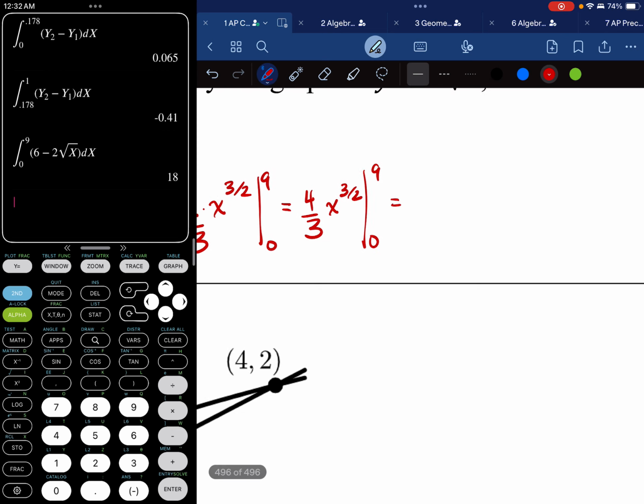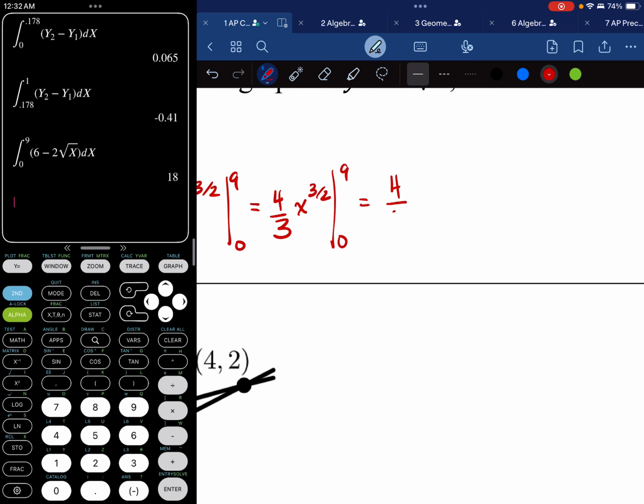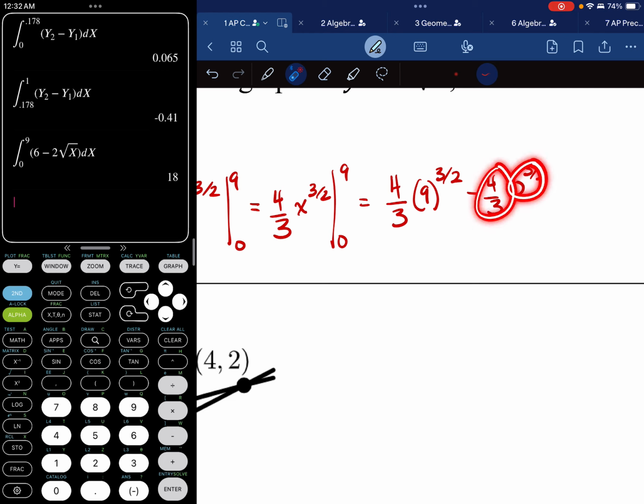Let's do the evaluation. This is going to be 4/3 times 9 to the power of 3/2, minus 4/3 times 0 to the power of 3/2. Anything to the power of, or 0 to anything, is always 0, and 0 times anything else is still 0, so this whole thing is just 0.